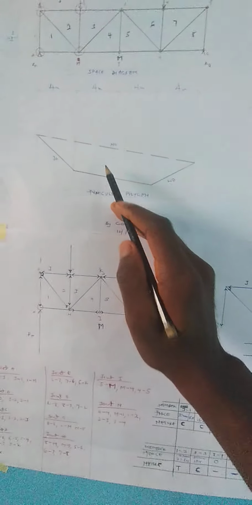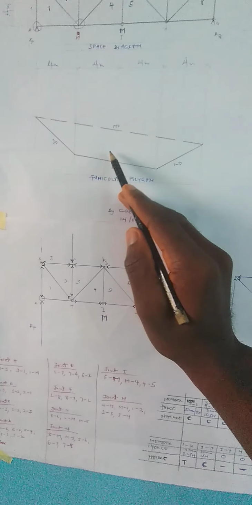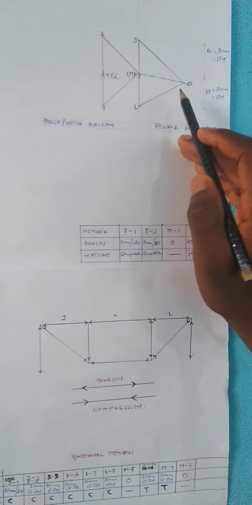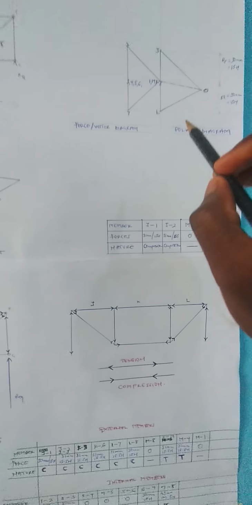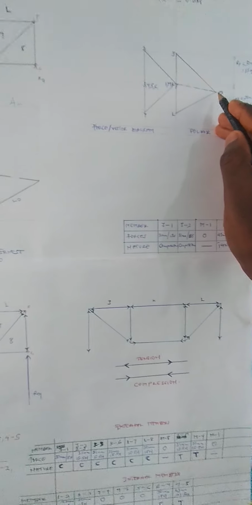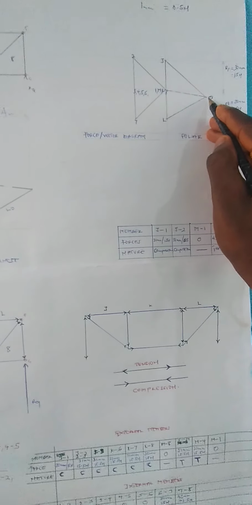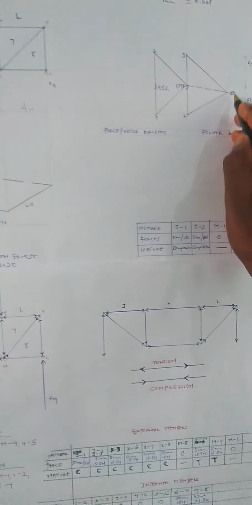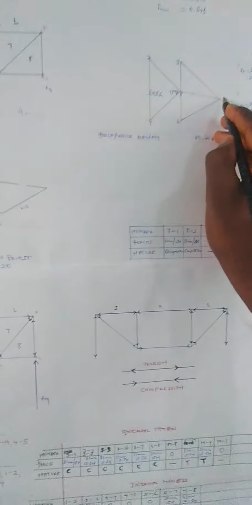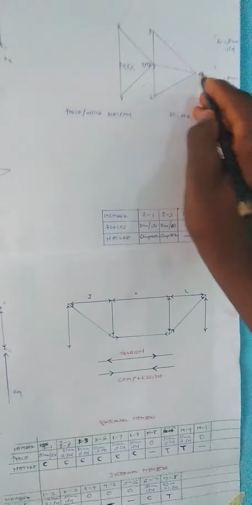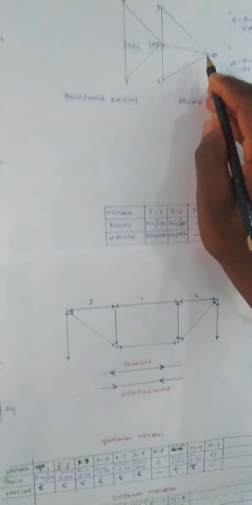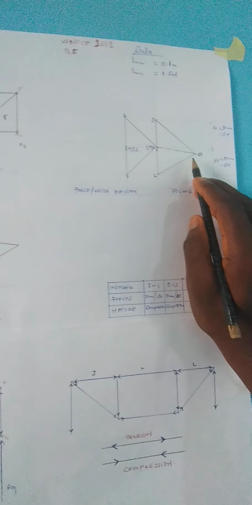You take the closure back and transfer it with the help of set squares to the polar diagram. What happens here is that the closure line with the short dashes will lie on the same line with KO. It will lie on the same line with KO, and that is a fact.